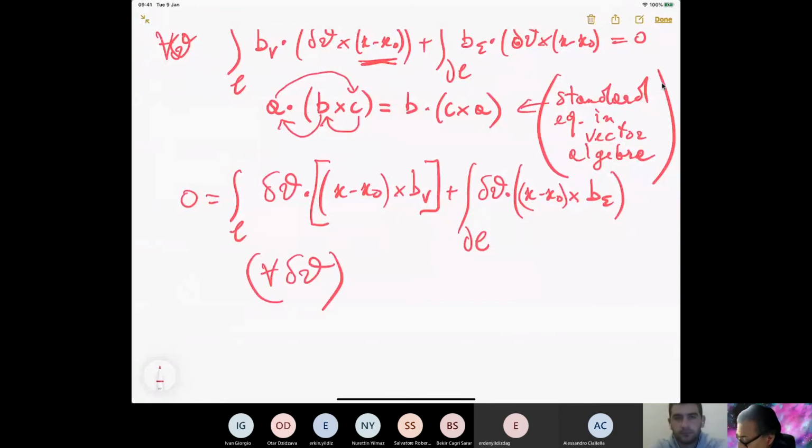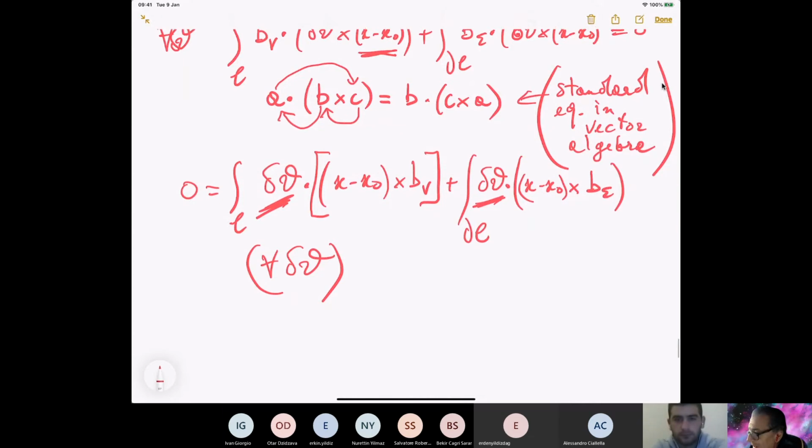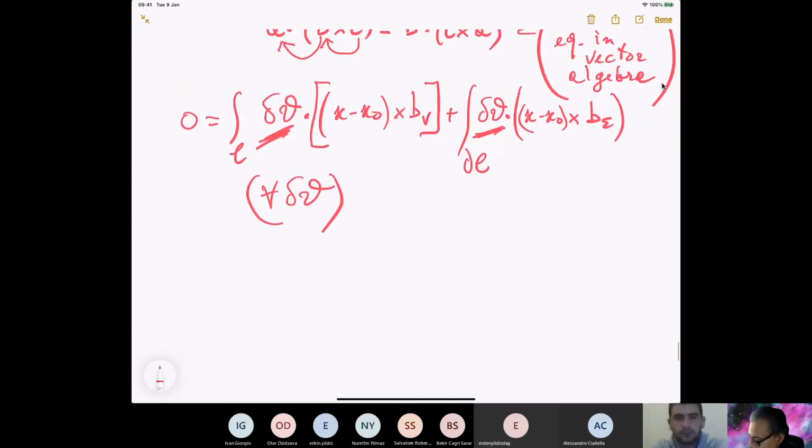Now, delta theta does not depend on the integration variable. So at the end of the story, we find that integral over C of x minus x0 vector BV plus integral on the boundary of C of x minus x0 vector B sigma has to be equal to 0.